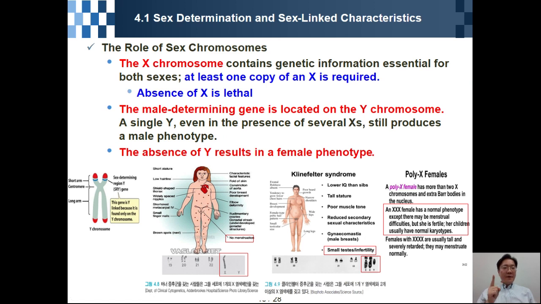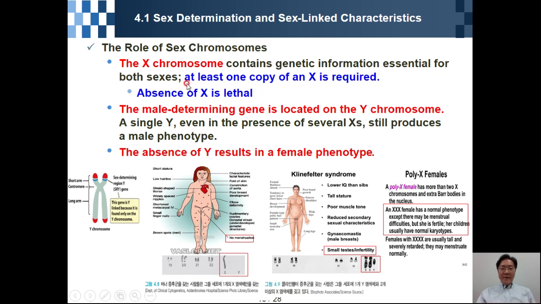For example, a female has XX and a male has XY, because at least one copy of the X is required. The absence of X is lethal, meaning that they die.